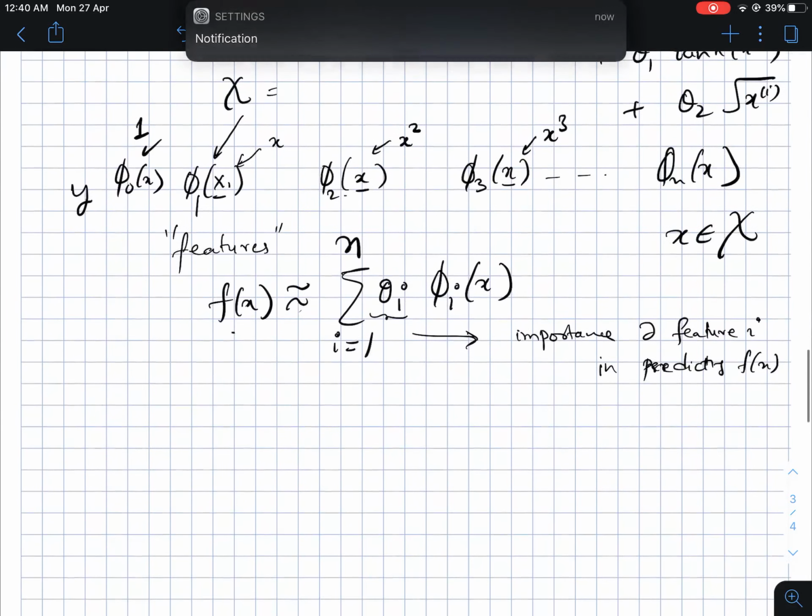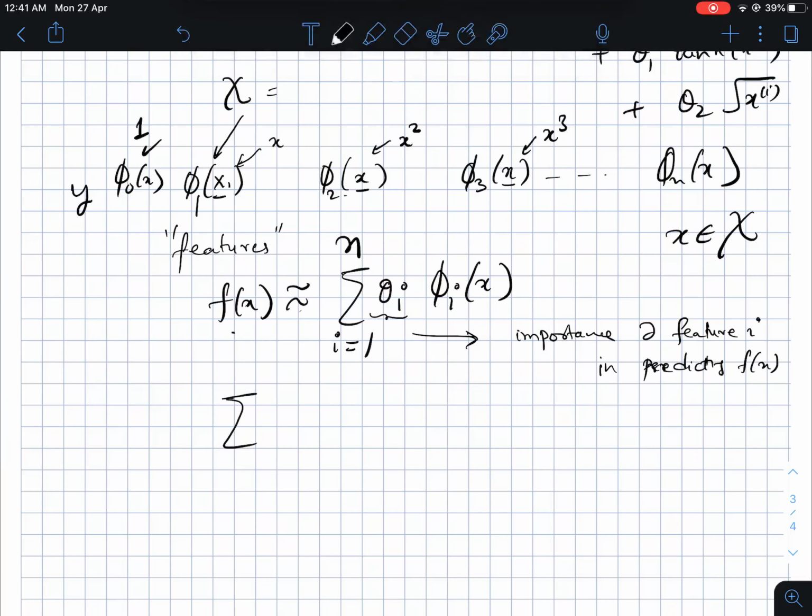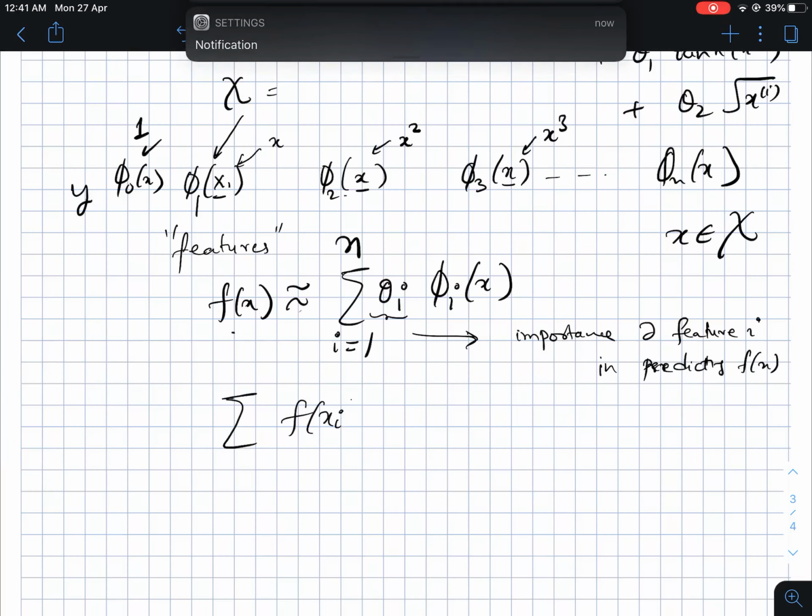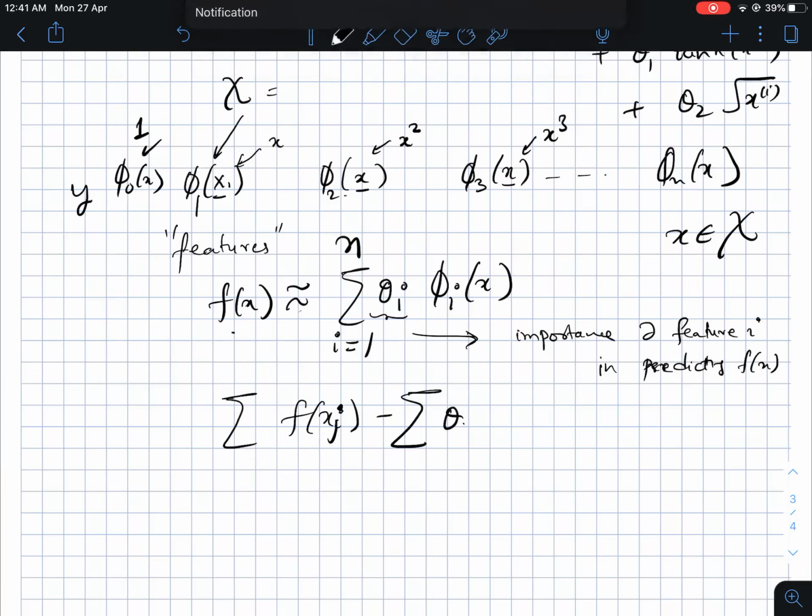So that is the fundamental paradigm, and in this context you can simply construct the training error as the summation over j of f of x_j minus the summation of theta_i phi_i of x_j. The inner summation is over i equal to 1 to n, and the outer summation is over j equal to 1 to m.